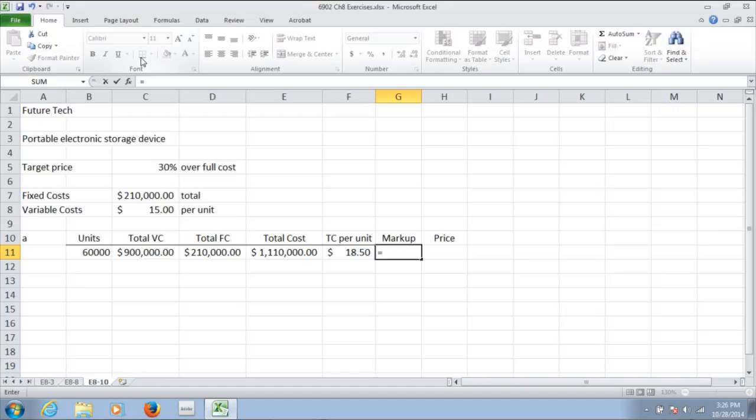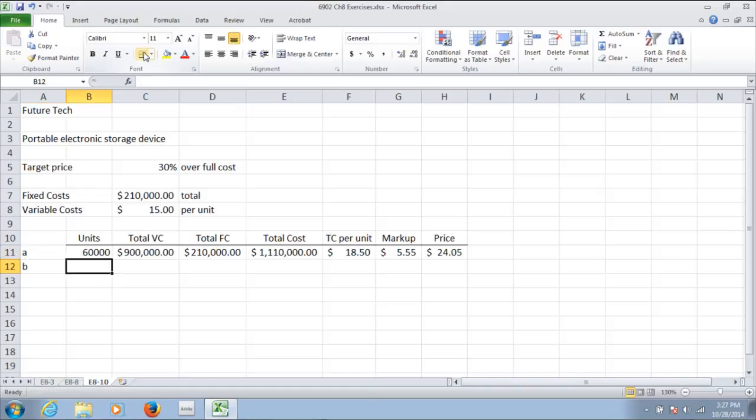Our markup would be $18.50 multiplied by the 30%, or $5.55. So the price would be our total cost per unit plus the markup per unit. So our price is $24.05. So I could probably move this A down here.